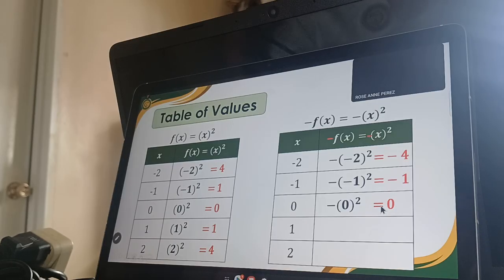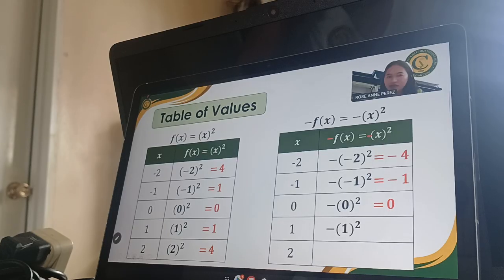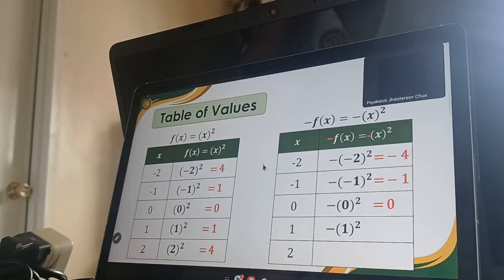And then how about if x is 1? Negative 1. Very good. And the last one?